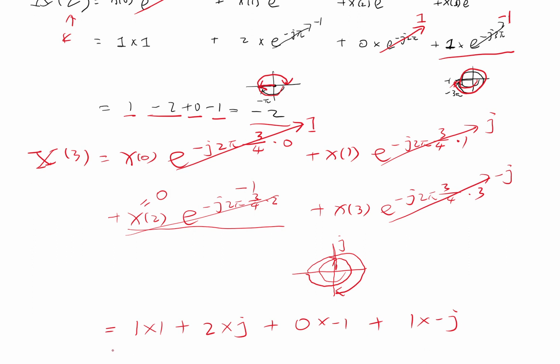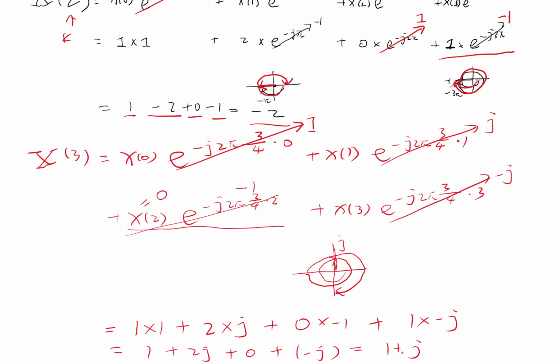Okay, so let's see, this is 1 plus 2j plus 0 plus a negative j. So is 1 minus j. Sorry, 1 plus j, right?